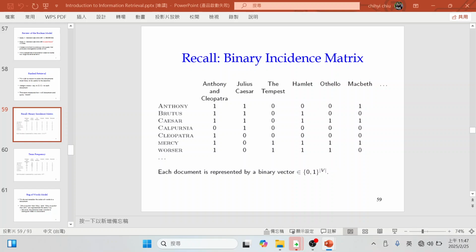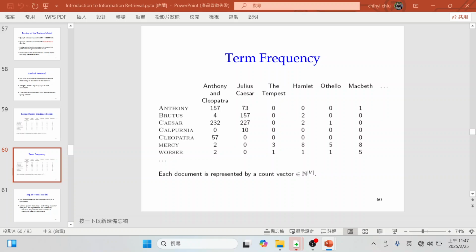Okay, so again, we take the incidence matrix that we use for the binary retrieval model. And now, if we turn it into a vector retrieval model, we use what is called a term frequency matrix like this. You see, it's not only 0 and 1. Now we show the frequency of the terms.